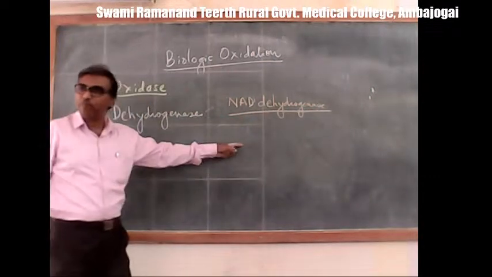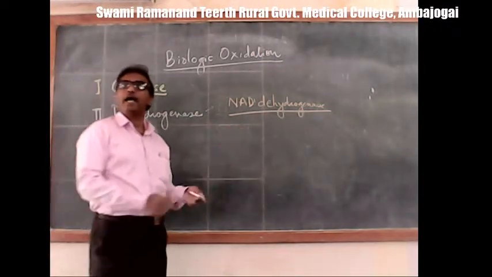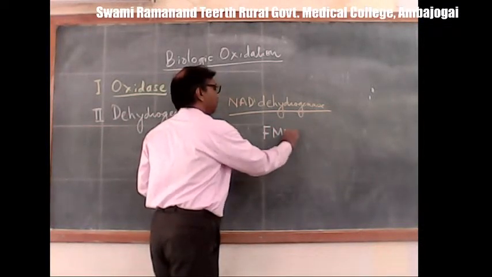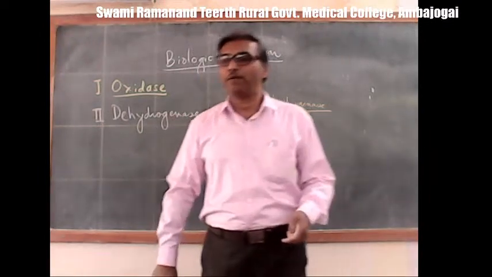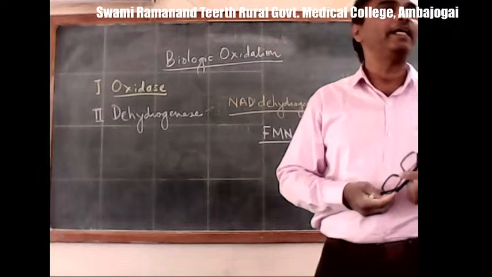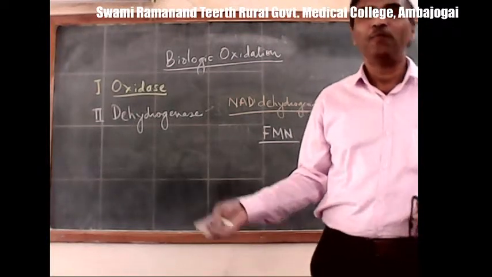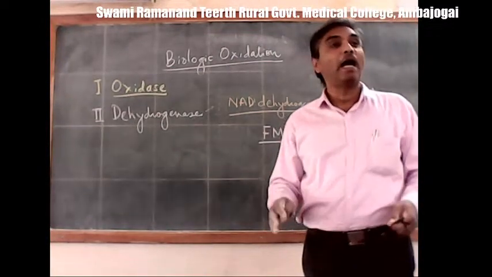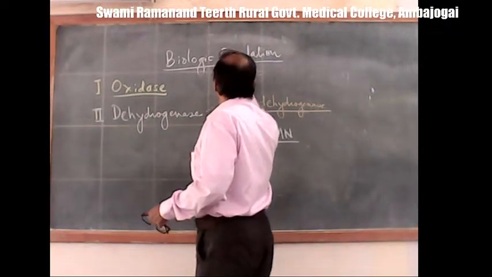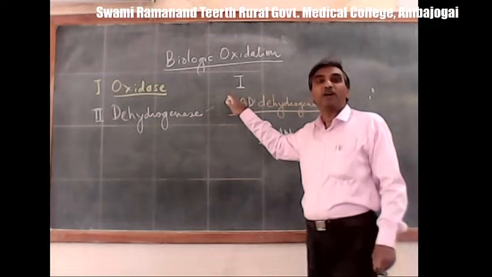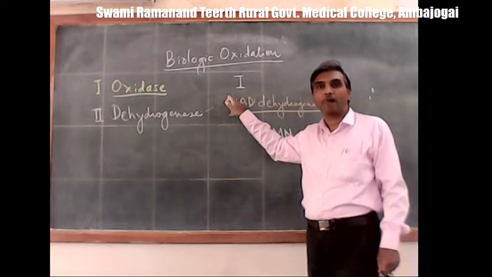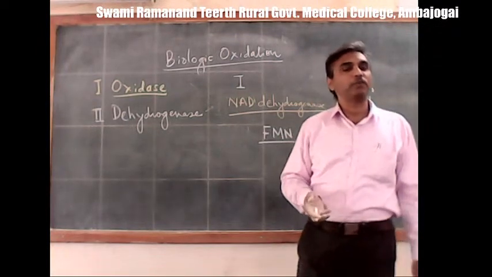This enzyme requires FMN, and FMN is a component of the first complex of the electron transport chain. When we study the electron transport chain, this will again come.